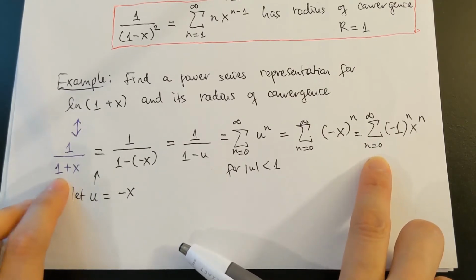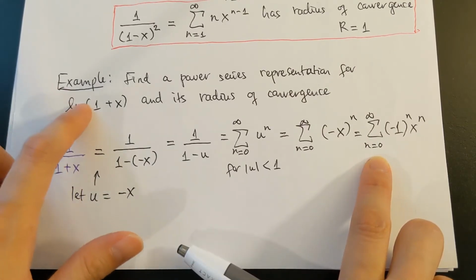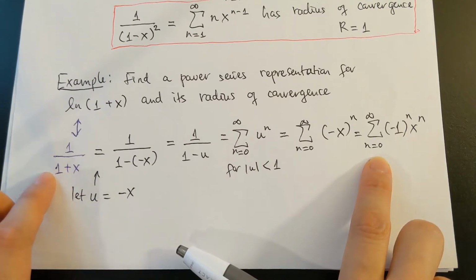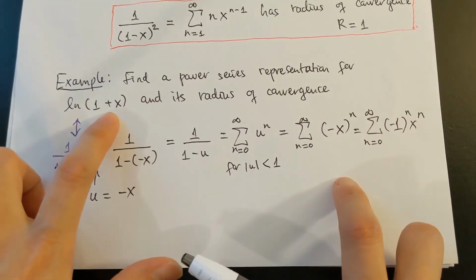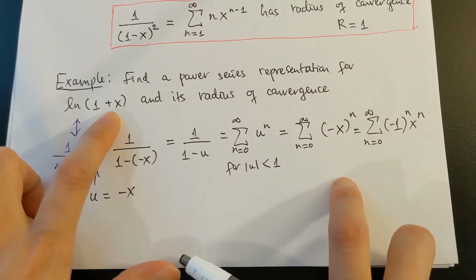Now, this is the integral of this function. So now I just need to take the integral of both sides to get the power series representation for natural log of 1 plus x.